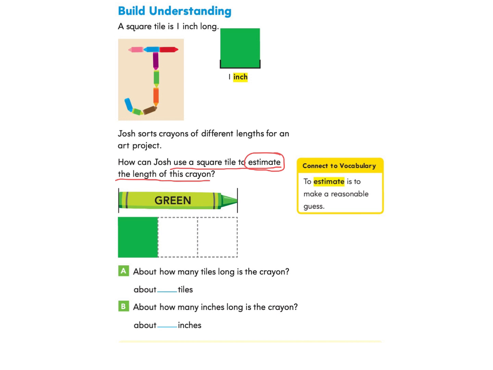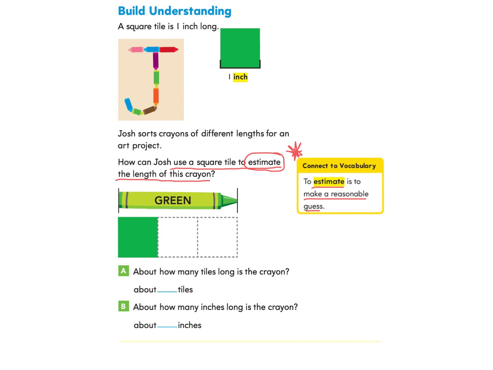That word estimate, we need to talk about that. If we look over at the connected vocabulary, we find that to estimate is to make a reasonable guess. So the question is asking us to take a look at this green crayon, and knowing that each tile is 1 inch, we need to find out about how many tiles long is the crayon.